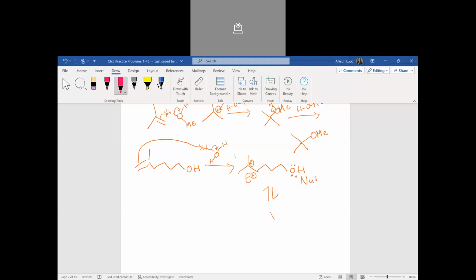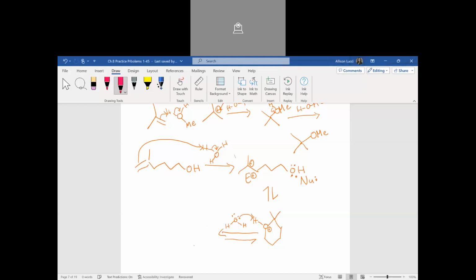Right, so let's see if we can recreate this. This is my OH over here. This will remain positively charged for now. Okay, so this is the structure that would result. And if we take a water molecule here as our solvent, we can have one more proton transfer.